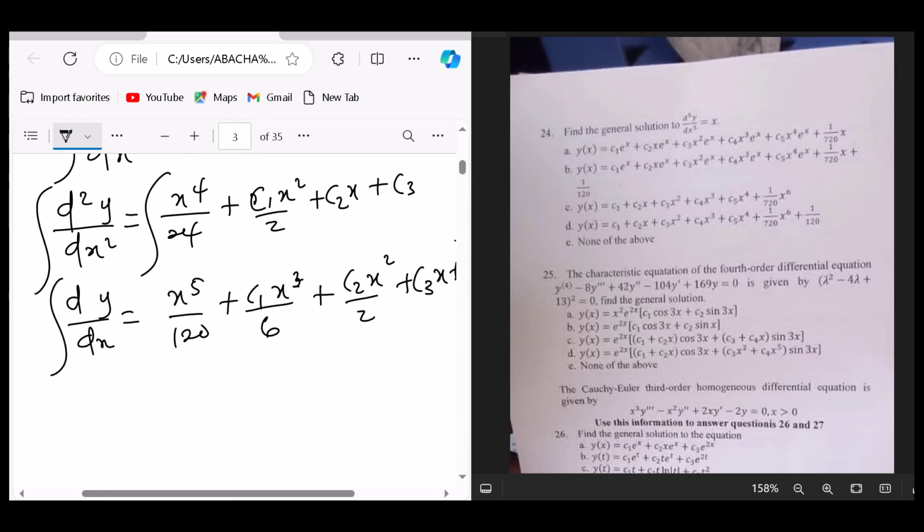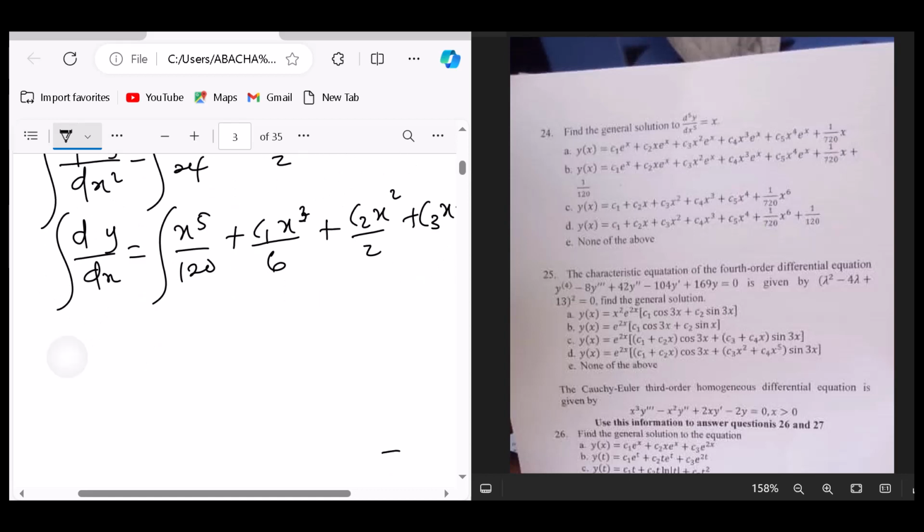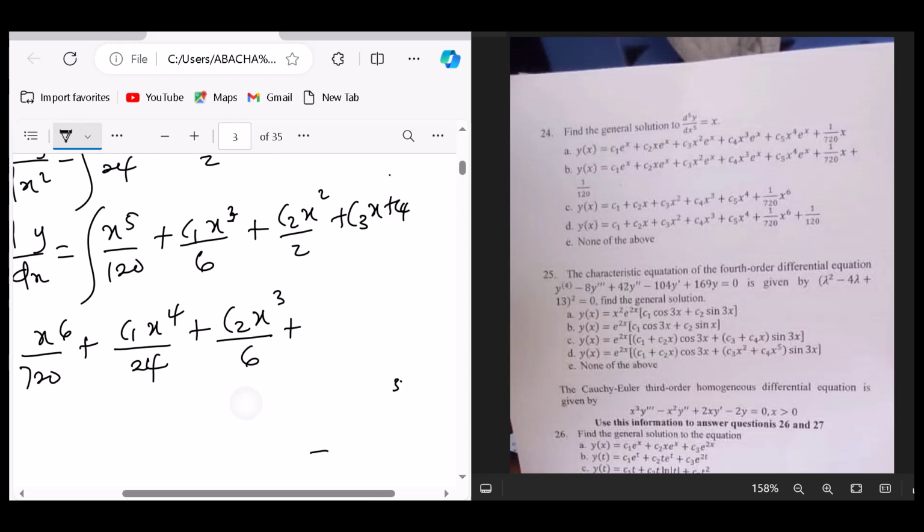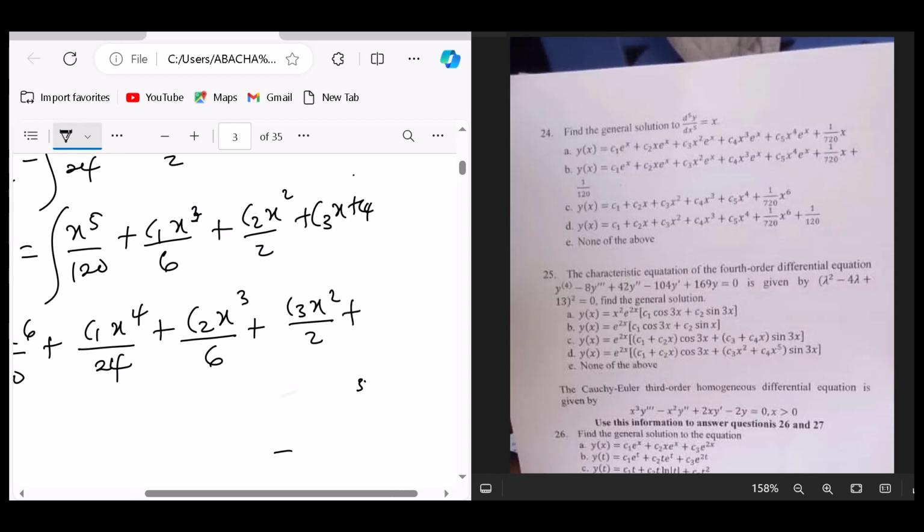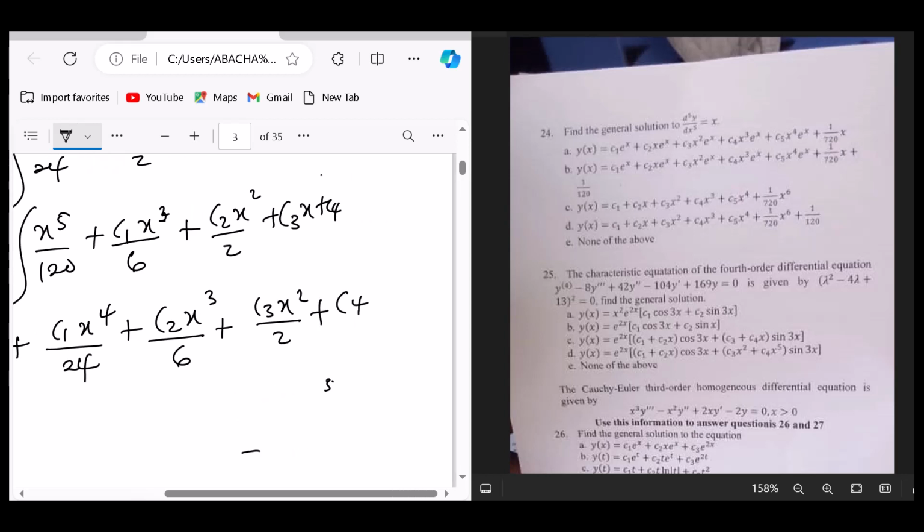and we integrate for the last time. So integrating for the last time, that is y equals x to the power 6 over 720 plus c1 x to the power 4 over 24 plus c2 x to the power 3 over 6 plus c3 x squared over 2 plus c4 x plus c5, like this.